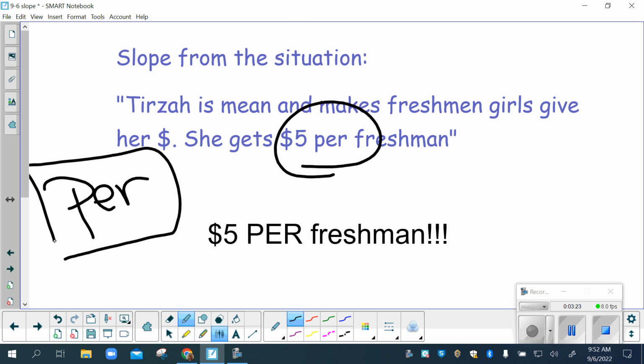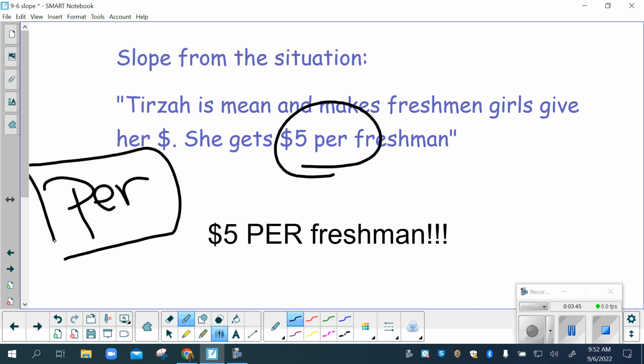Per is slope: per hour, per day, per mile, per freshman, right? If she wants a lot of money, she's going to bully a lot of girls. If she wants just a little money, she'll just bully 1 or 2, right? So per is slope. That's how much you're getting per activity, right?